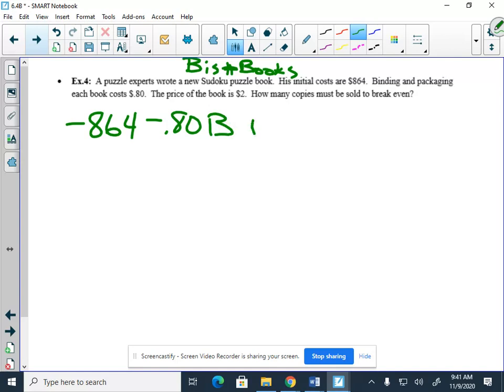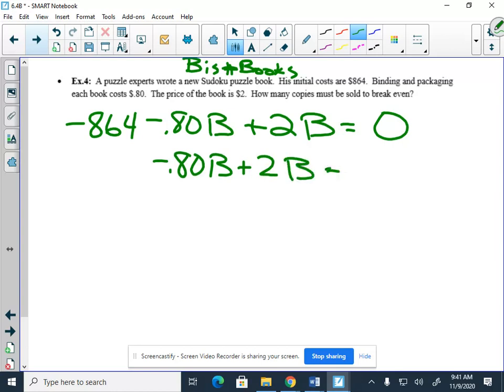And then the price of the book is $2. He sells them for $2. What does it take for him to break even? So same thing, I just did it in a little different order. This is the order it was written in the problem. I'm going to add the 864 to each side. It gets me negative 80 cents B plus $2 B equals 864. That's positive over there.